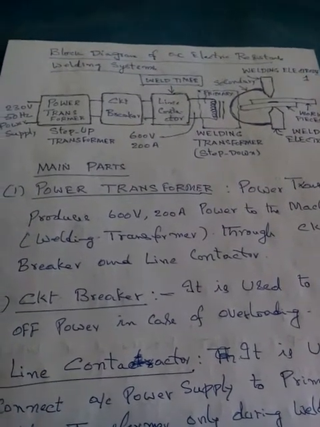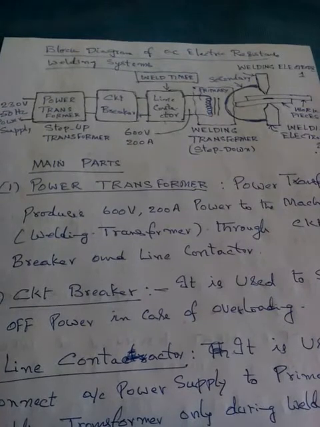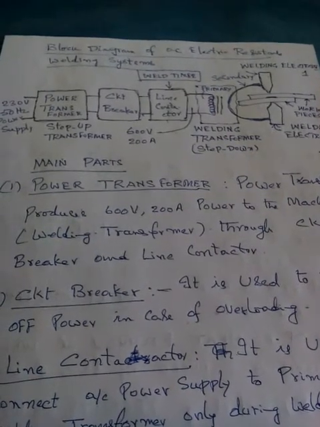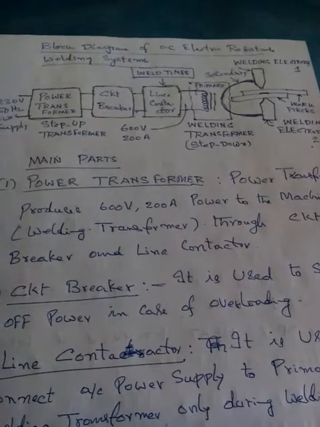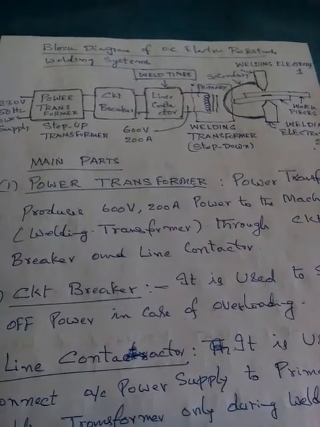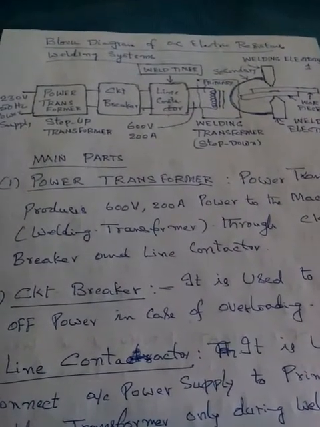The secondary of the transformer is connected to welding electrodes 1 and 2. Between welding electrodes there are work pieces, metal pieces, which are to be welded.